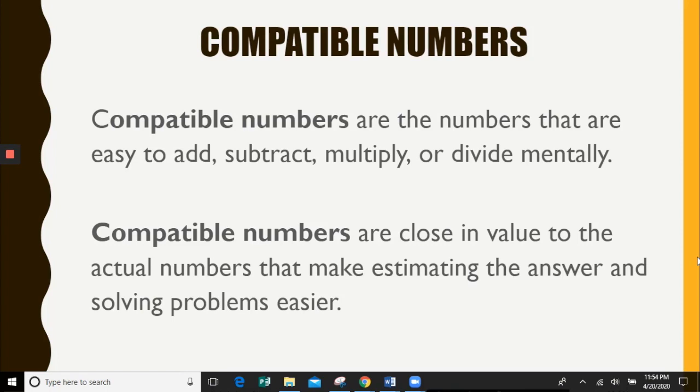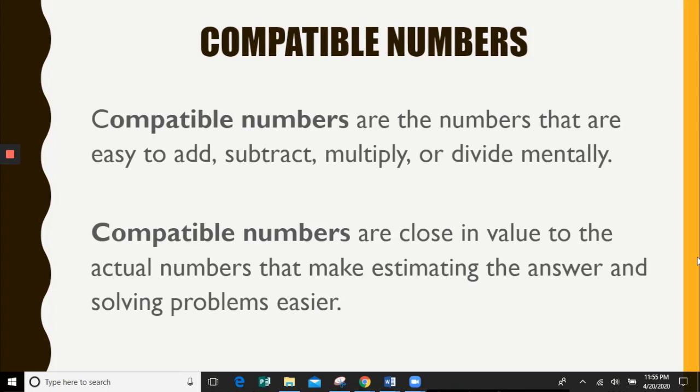This time, we're going to really focus in on how we can use basic facts to help us find compatible numbers in order to find the quotient of a problem or the product of a problem. Compatible numbers are numbers that are easy to add, subtract, multiply, or divide mentally. Compatible numbers are close in value to the actual numbers that make estimating the answer and solving problems easier.